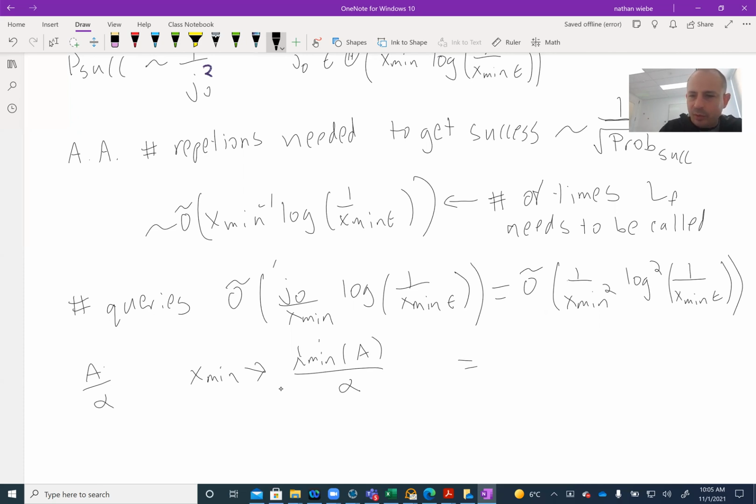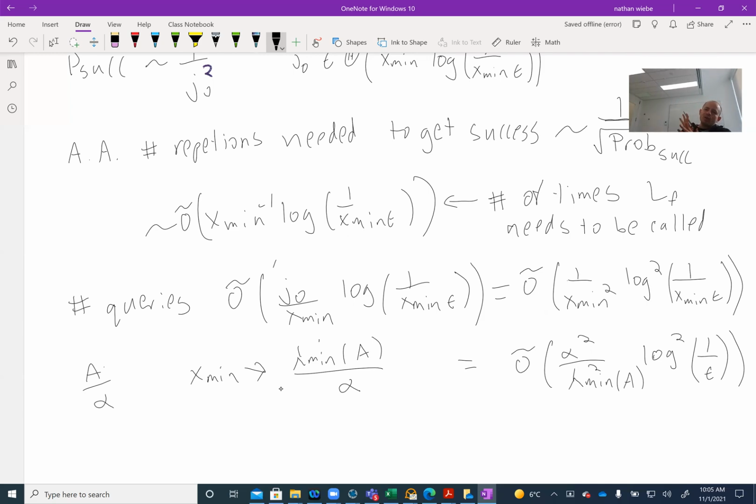And so once we've rewritten our expression in that form, this ends up becoming O tilde of alpha squared over the minimum eigenvalue of A squared times these log factors over here. Now the X min technically disappears in the O tilde notation, so I'll just write this as log squared 1 over epsilon.